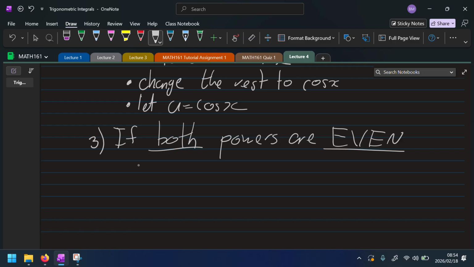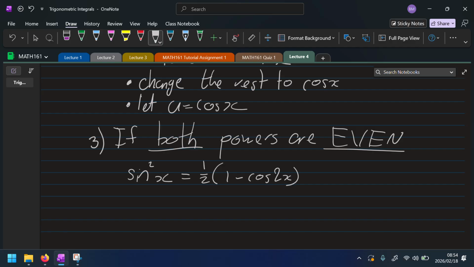If we have an even power, we can write it as sine squared. Or if it's sine to the 4, that's also even, we can write it as sine squared again. So whatever even power you have, you can write it in terms of sine squared. Then we use the following identity: 1/2, 1 minus cos 2x.